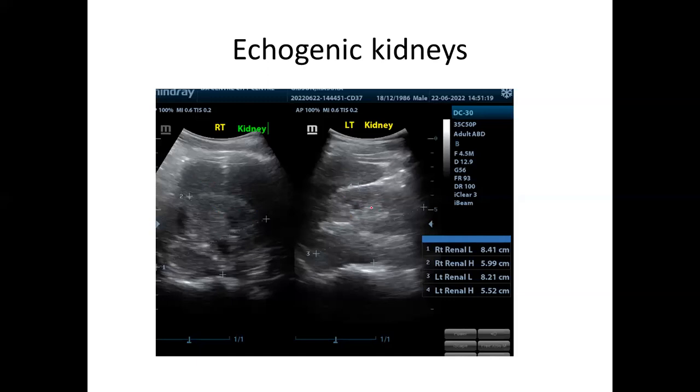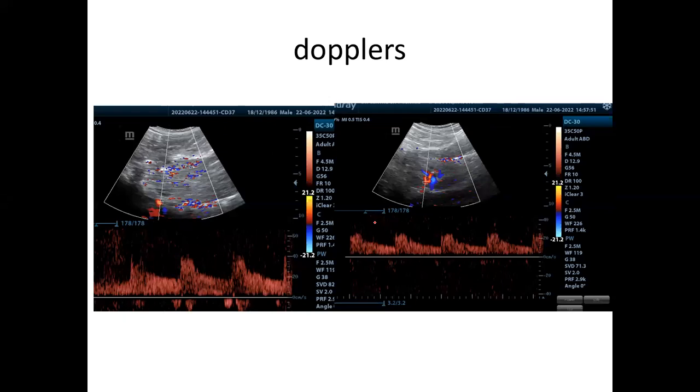And you can see that the left kidney is more affected because it's even more echogenic than the spleen. So even if you compare the right and the left kidney, the left seems to be more affected than the right one. So renal artery stenosis can also affect one kidney and spare the other, or it affects one kidney before it affects the other one.